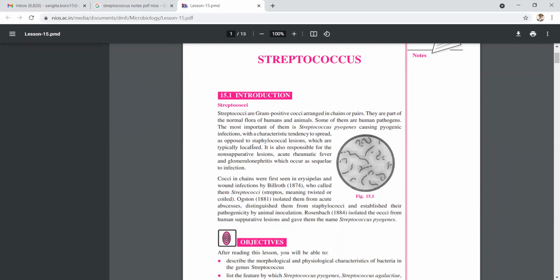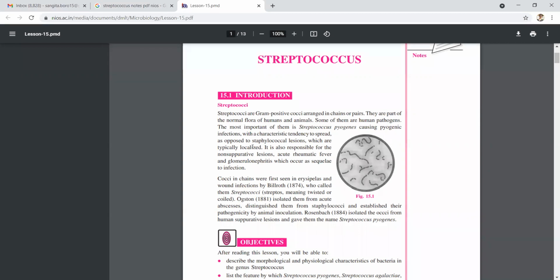This Streptococcus pyogenes is responsible for causing pyogenic infection. That means you would find them to be present in lesions, pyogenic pus-forming lesions. But the difference when we studied Staphylococcus, we found that Staphylococcus is also responsible for causing pus-forming lesions.